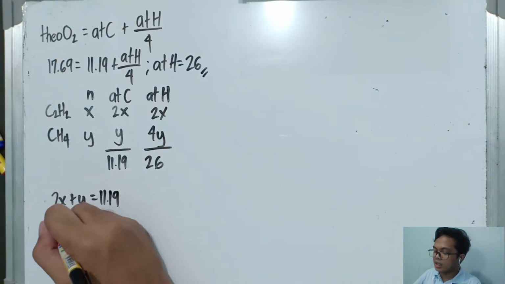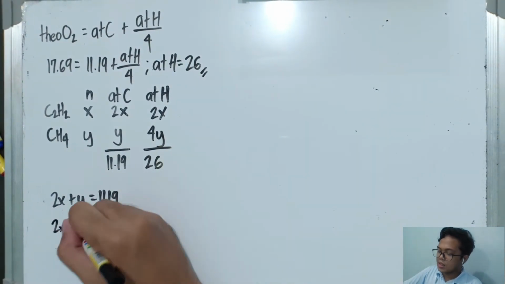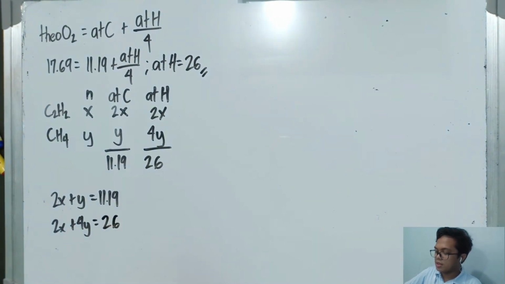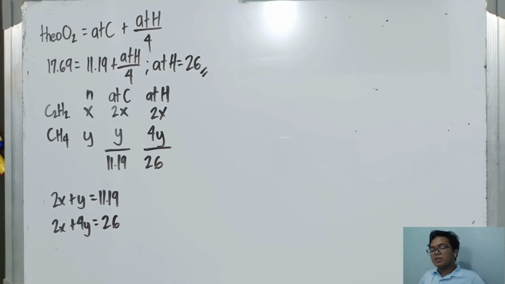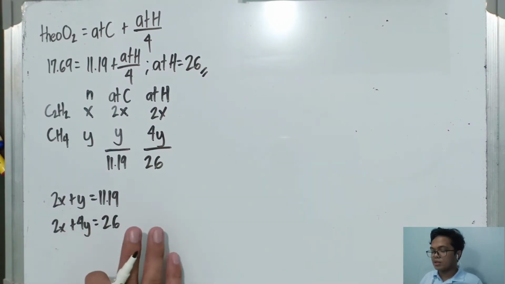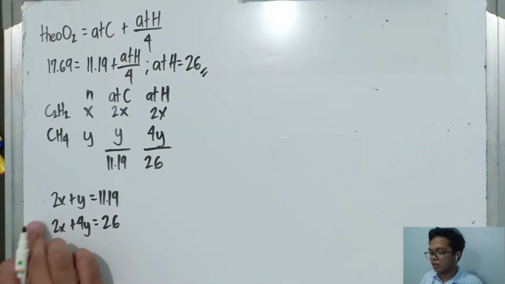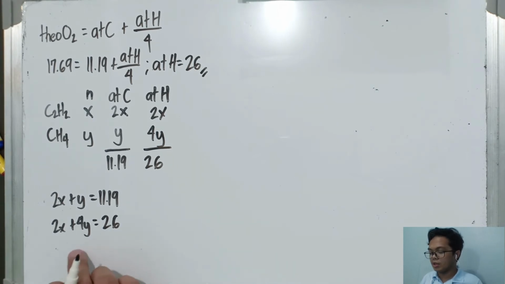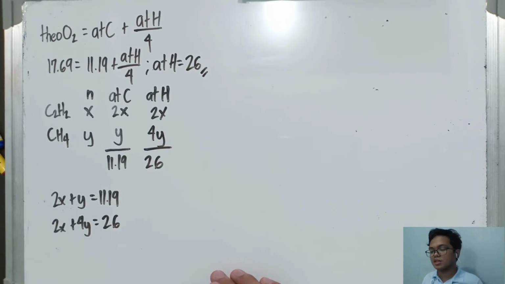Then we have our at H, 2X plus 4Y equals 26. Obviously from here, you can use your calculator. There should be a function for two equations, two unknowns in your calculator, but if you want to do it manually, that's fine as well. It's already fairly simple here. You can just subtract and then divide the remainder. This should be negative 3Y divided by whatever 11.19 minus 26 is. And then you can get X and Y.